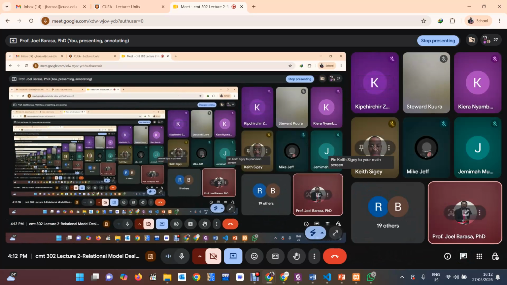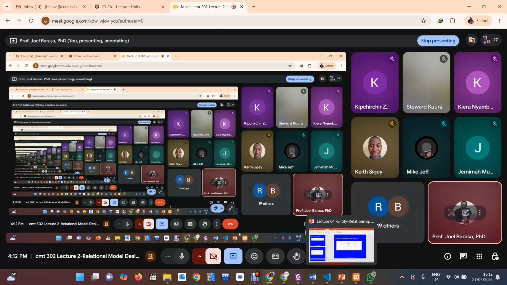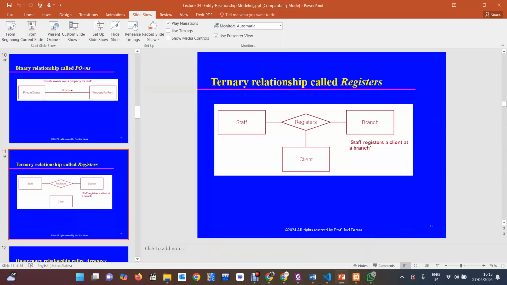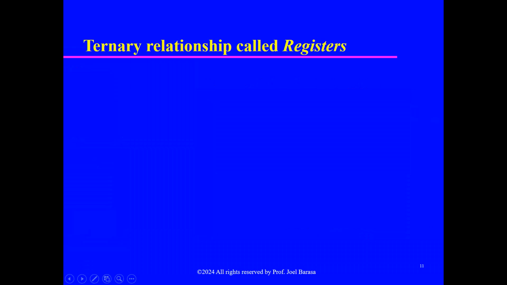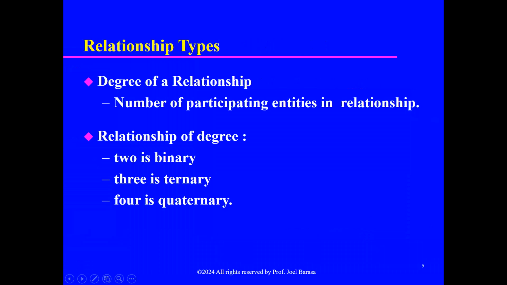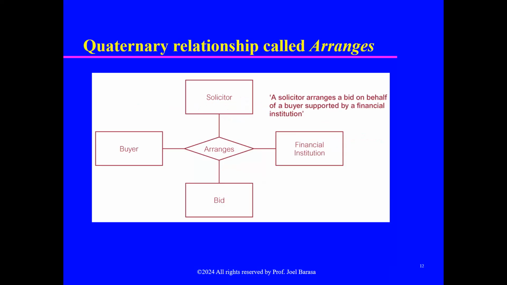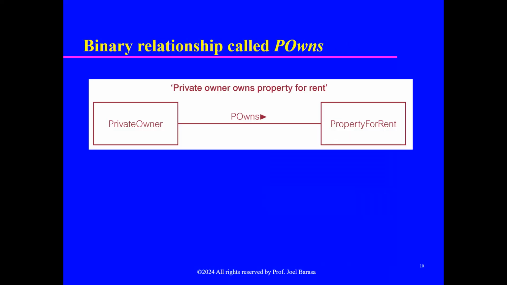So those are the concepts that are needed. I said here a private owner owns property for rent. So you can either own a property for rent, or you can have several rental properties owned by one private owner.